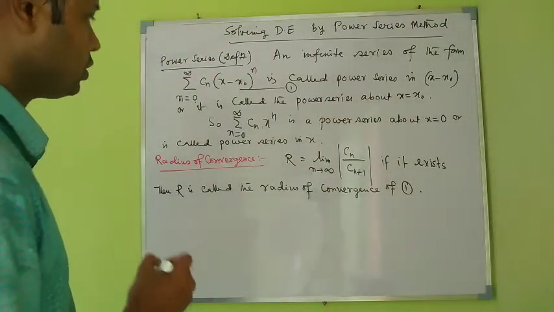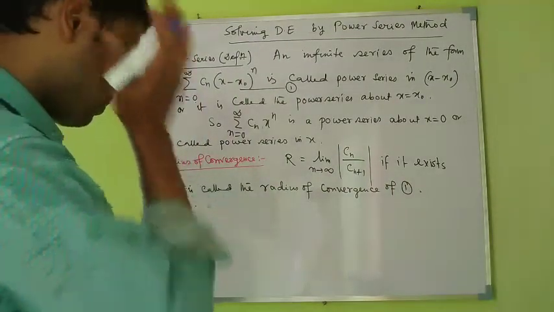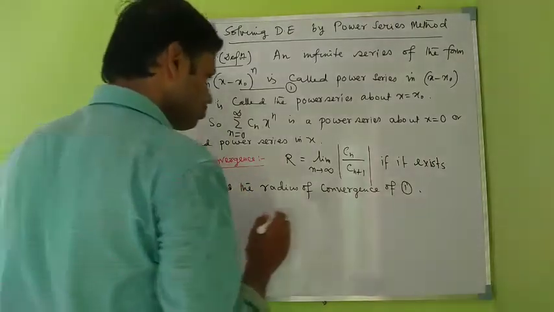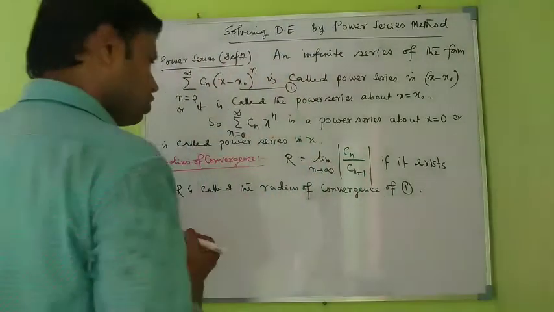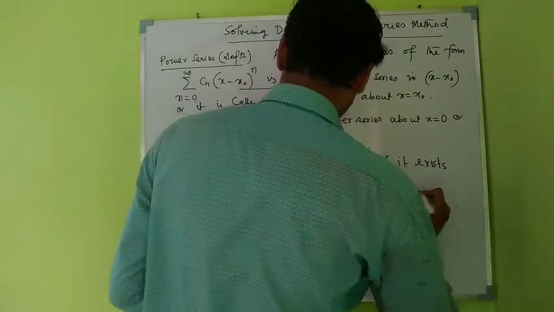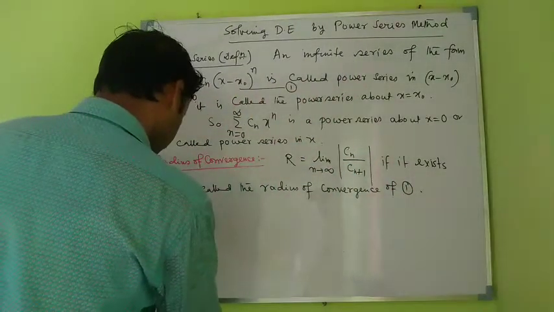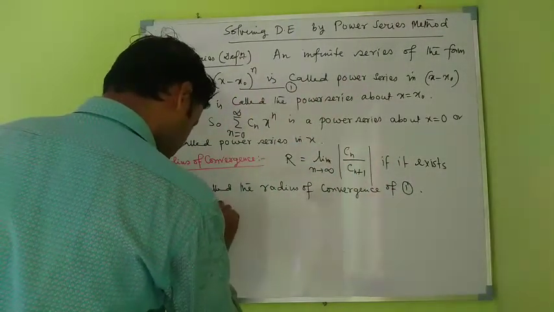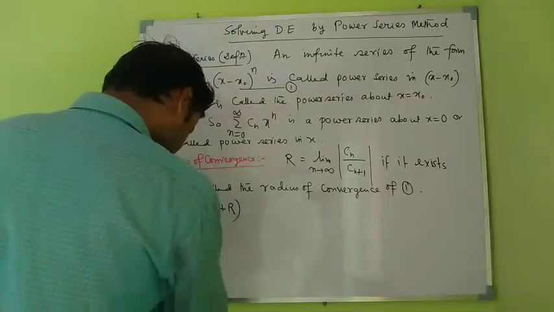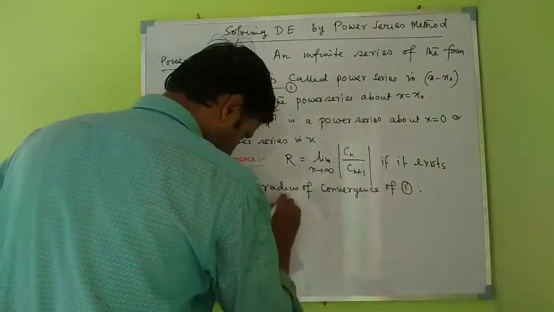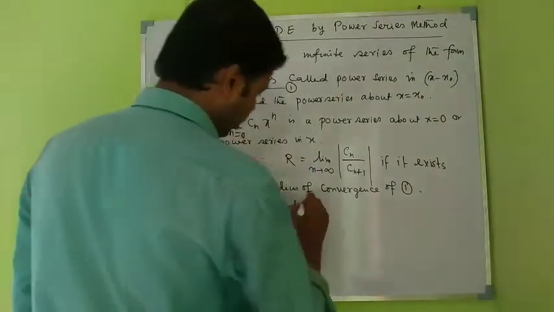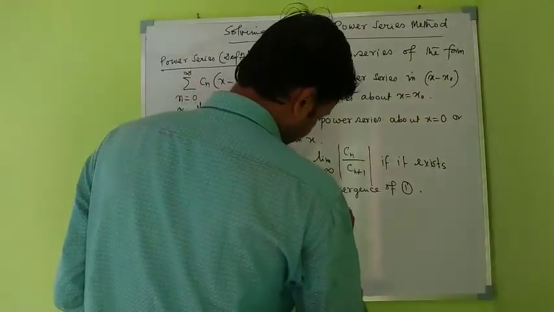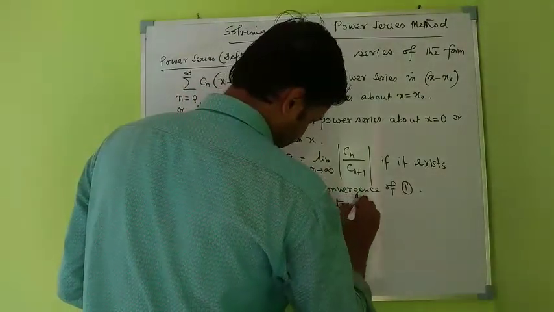And also x naught minus R to x naught plus R is called the interval of convergence.